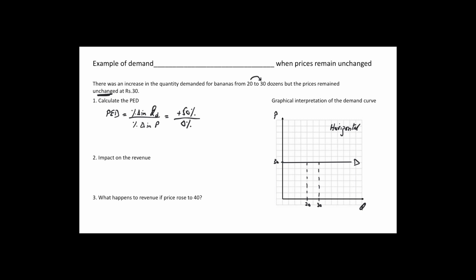So if you're confused whether the answer is 0 or whatever, you just simply go into your calculator and divide 50 by 0.